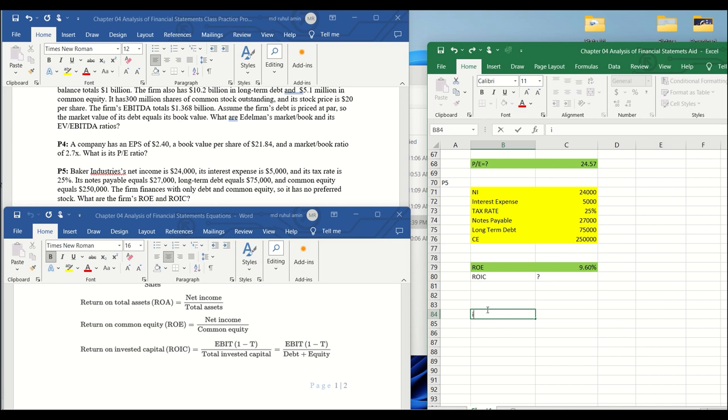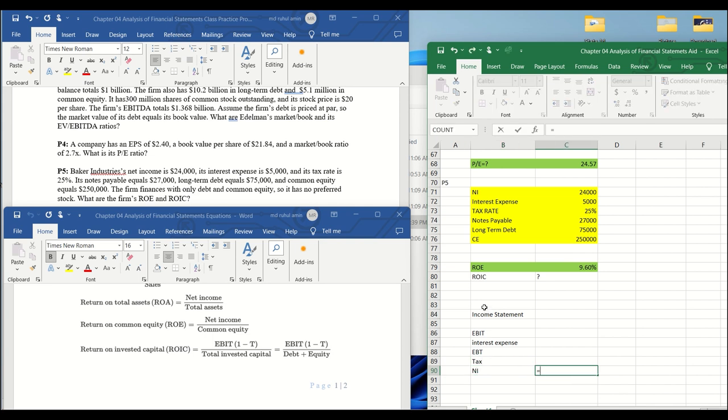How can we get it from the income statement? EBIT, minus interest expense, then EBT, then tax, then NI.